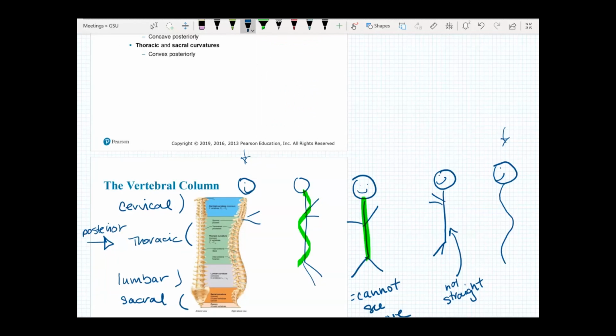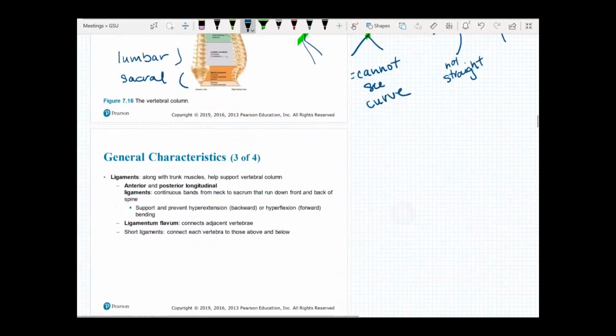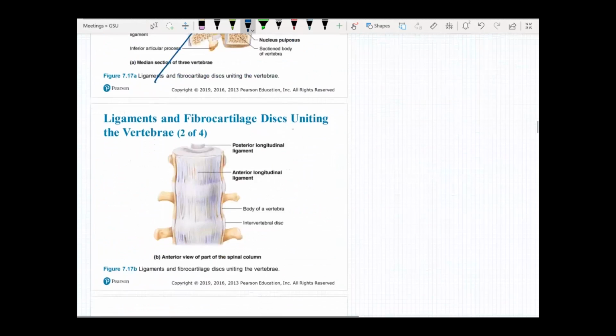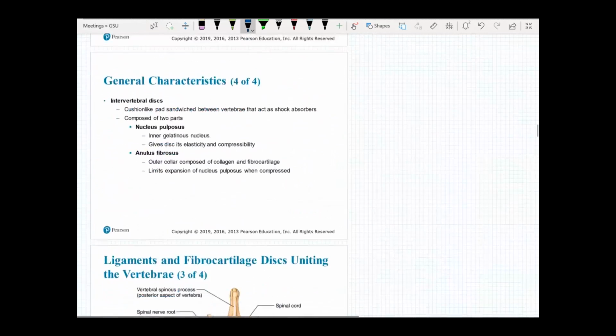Okay, so these vertebrae, these areas, we're not going to cover the ligaments. I meant to take these out so you guys can ignore all these. In between each one of these bones, all the way down the spinal cord, there are little sections of cartilage, and these are going to be called your intervertebral disc.